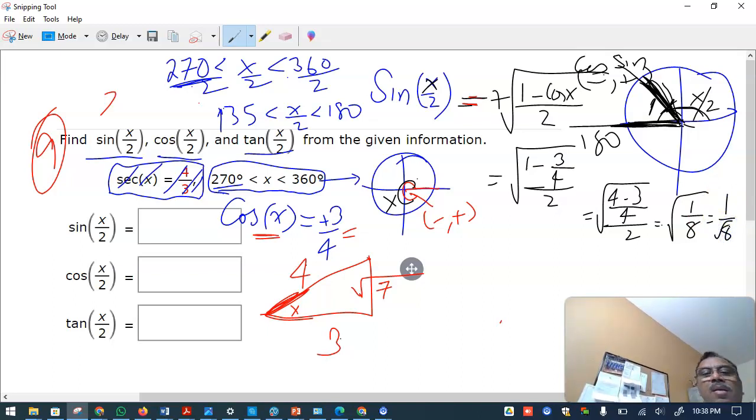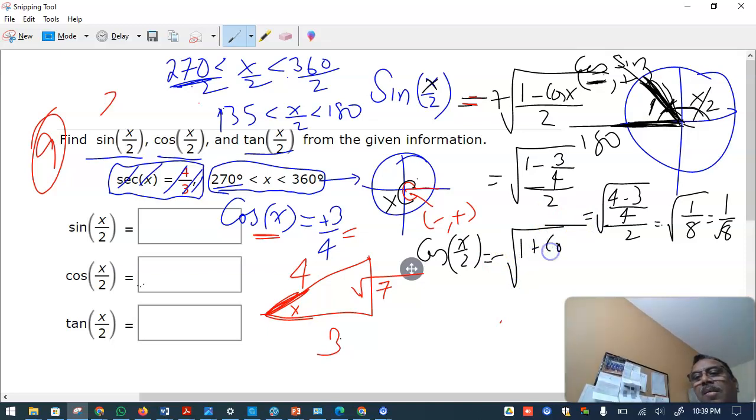So this is sine. Now the cosine is here. So if I want to find cosine x by 2, that will be negative because x by 2 is here, where my cosine is negative. And the formula is 1 plus. And you do the same thing.